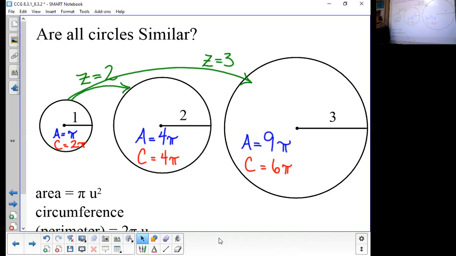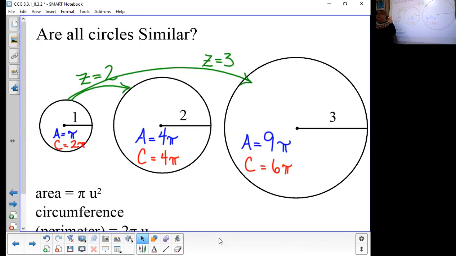Okay, so that's going to let us generalize what's going on with circles. The radius is identical to the zoom factor if we're basing it off a circle that has a radius of 1. So if my circle had a radius of 4, what would the area be? What's 4 squared? 16 pi. 16, and then times pi.